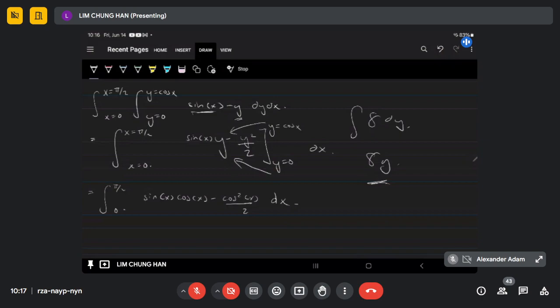Well, you need what? Identities, right? In this case, can you open your identities list? Tell me what identities you can use. Cos x sine x is equal to what as well?